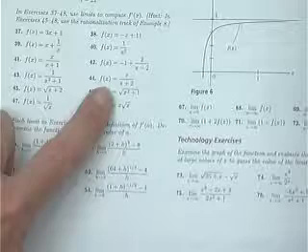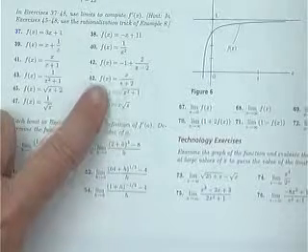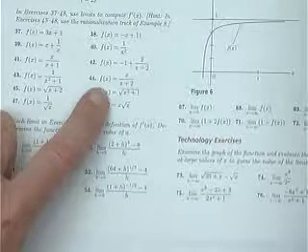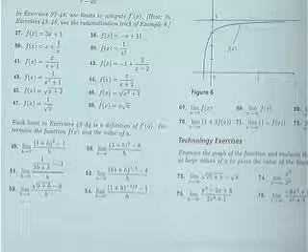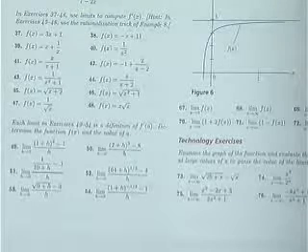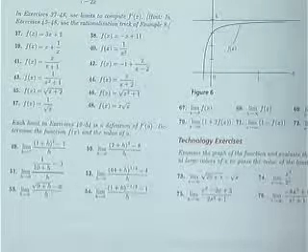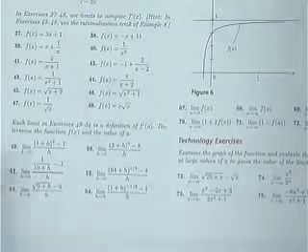We're going to use the limit definition of the derivative to find the derivative. This happens to be a fraction, so we're going to have to recall some of our good old algebra skills to solve this. f of x equals x over x plus 2.